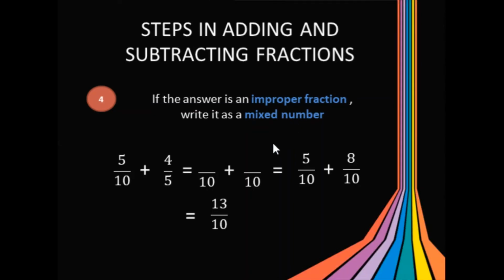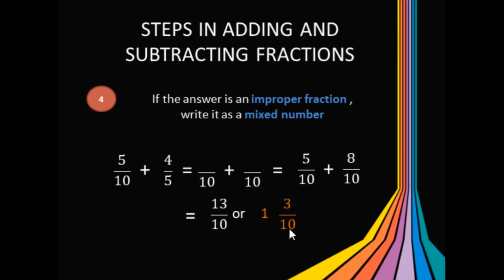Therefore, we change it into a mixed number by long division. When we do long division, we get the answer 1 and 3/10. If we check it, 10 times 1 is 10 plus 3 is 13. The same with 13 over 10.